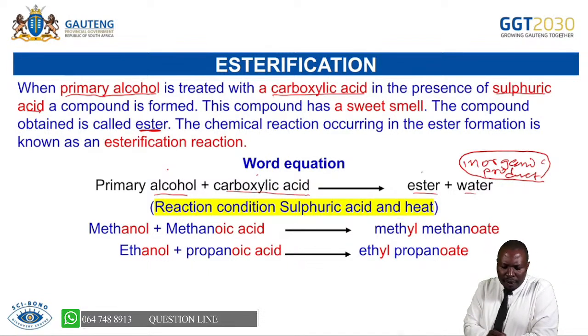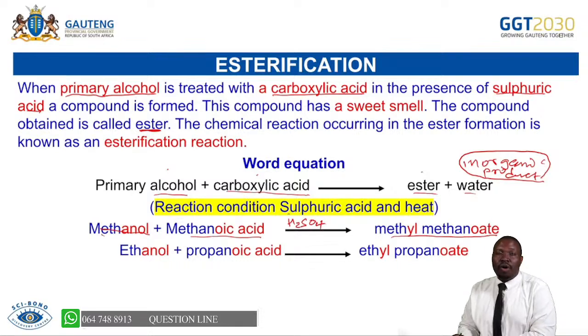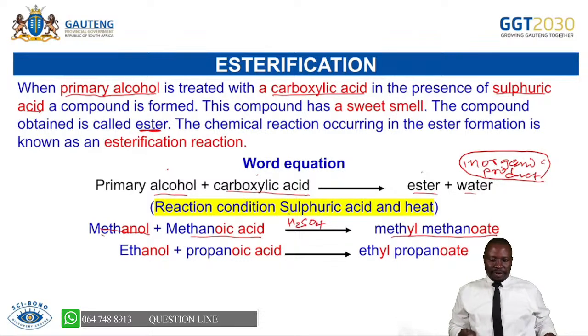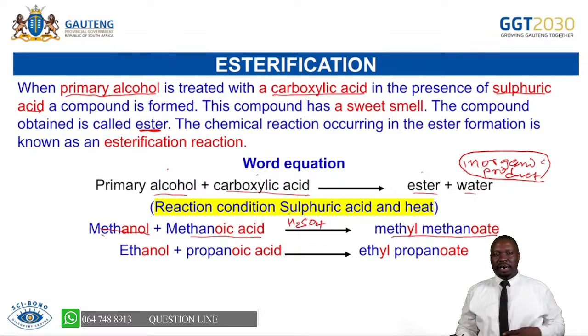Now, that was our word equation: methanol plus methanoic acid forming methyl methanoate. The reaction condition is H2SO4, sulfuric acid. It means that for this reaction to take place, there must be that sulfuric acid.